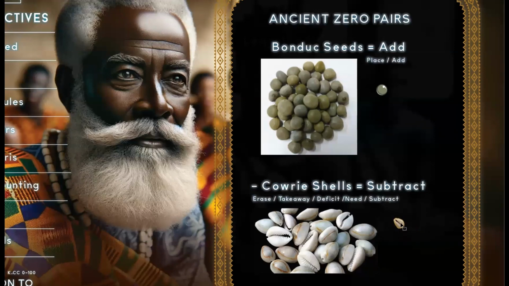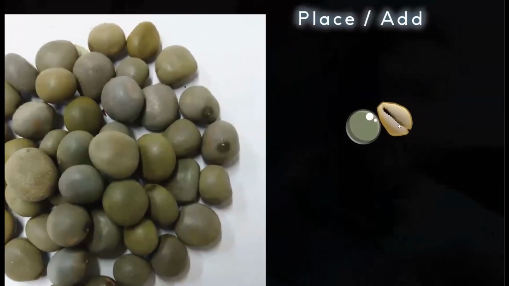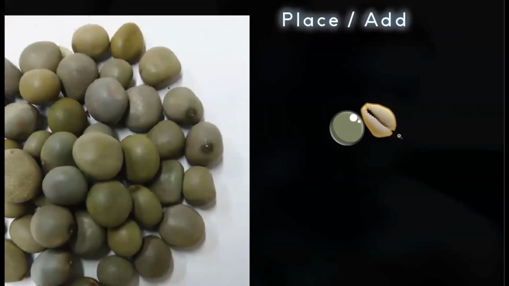So this is indicative of a takeaway, and this is from a cowrie shell. So what happens is when you put a positive C bean or BITRIC seed with a negative cowrie shell, this is the equivalent of 0, which is the same as what you'll learn later when we teach quantum physics and quantum mathematics, where it's very important to have an understanding of the concept of a zero pair.